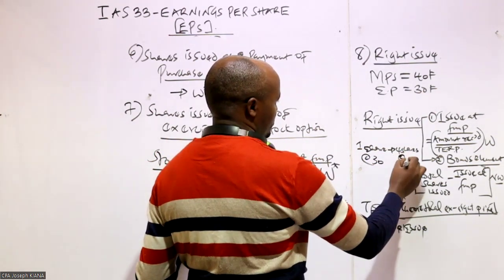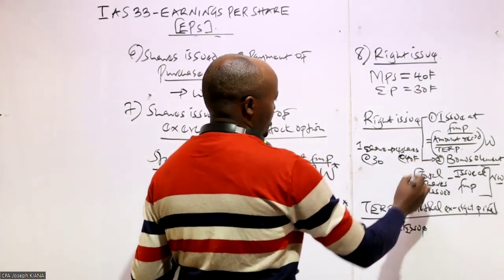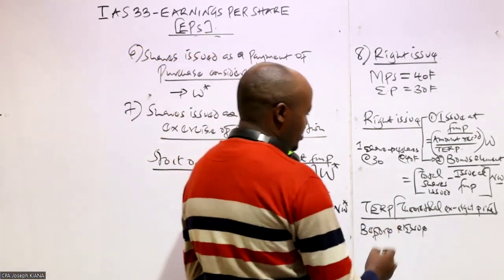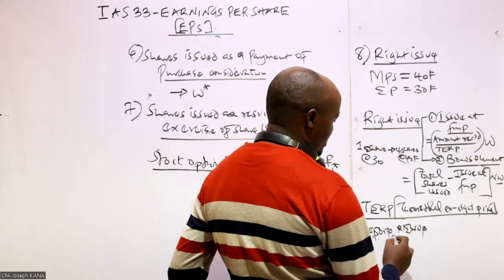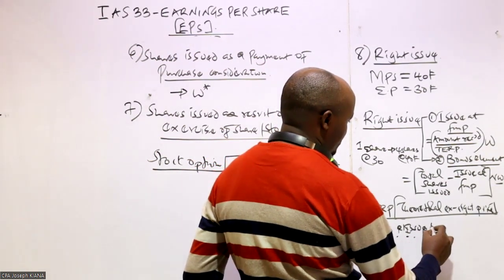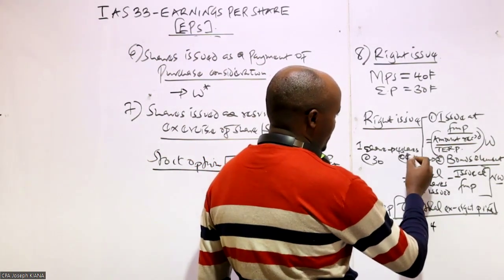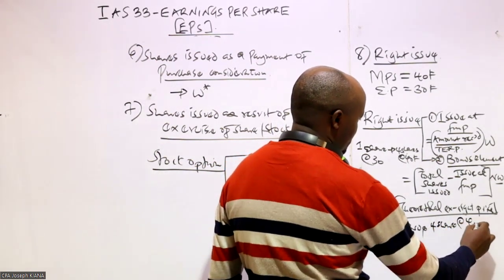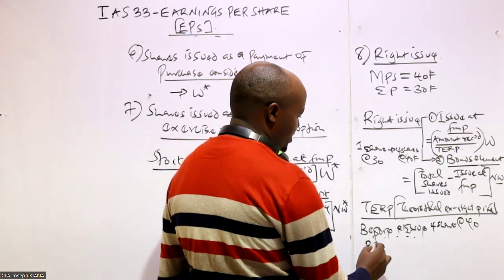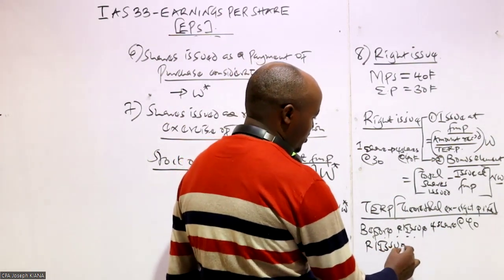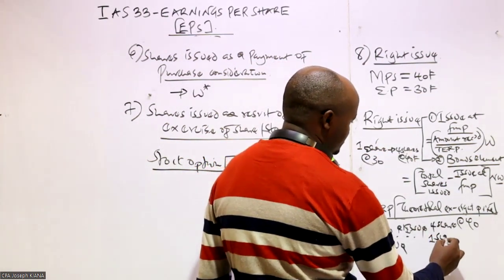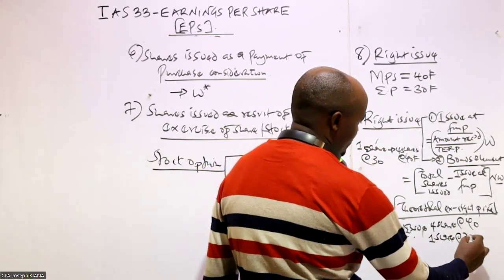And these 4 shares which were held before the right issue, each share had a market price of 40 bob. So to compute the theoretical ex-right price, you take the number of shares which were held before the right issue. Like in this case, if you held 4 shares before the right issue, and each share was trading at 40, then during the right issue, as a shareholder of this company, you are to be issued with 1 share at a price of 30.